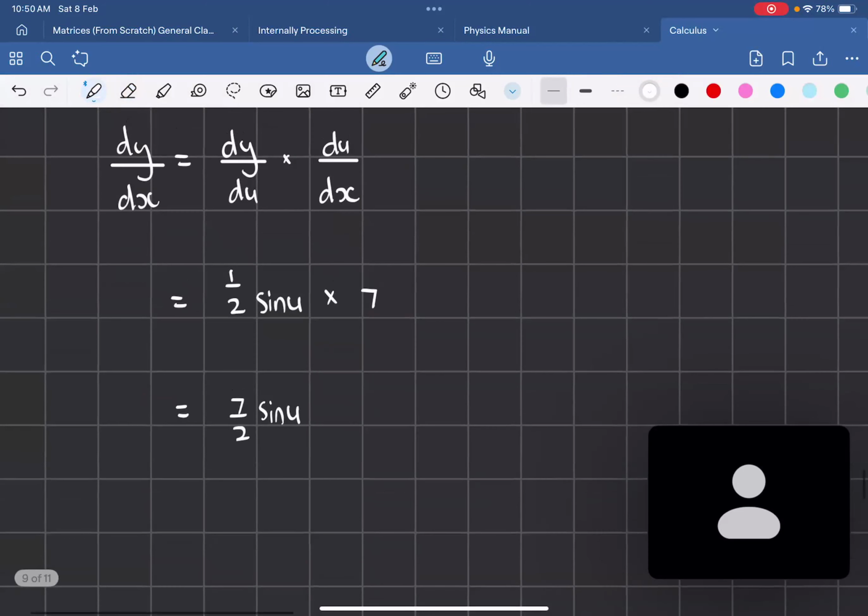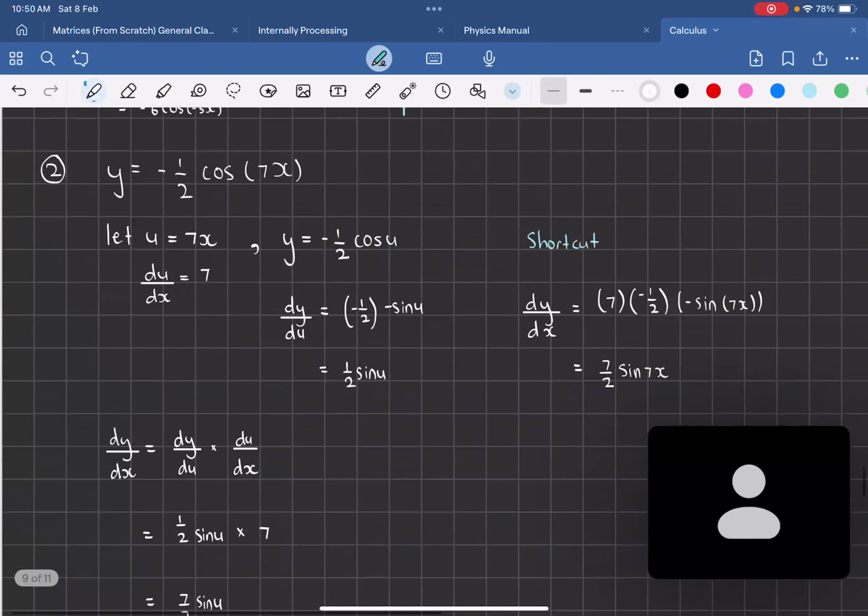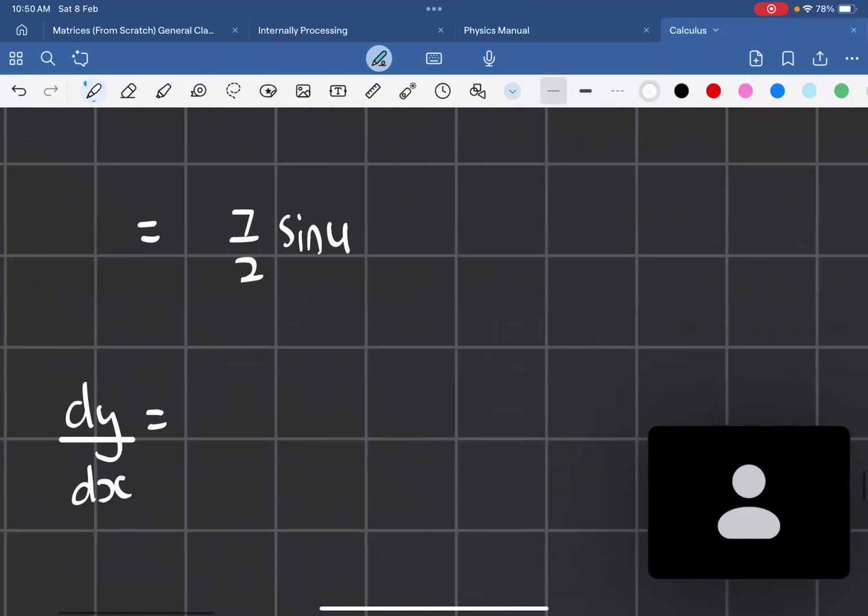And alas, we're at the final stage, but we still have u in our answer. We can't have that because it's dy dx, y in terms of x. We're not supposed to have any u. So Kiara, did we say u is equal to anything at the start? u is equal to 7x. So you're going to end up with 7/2 sine 7x.